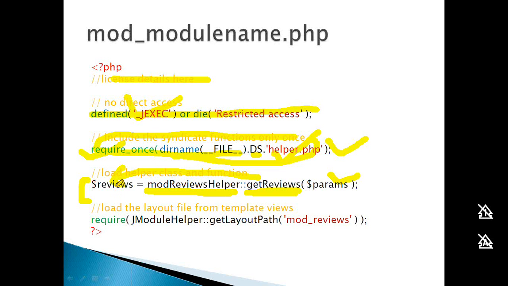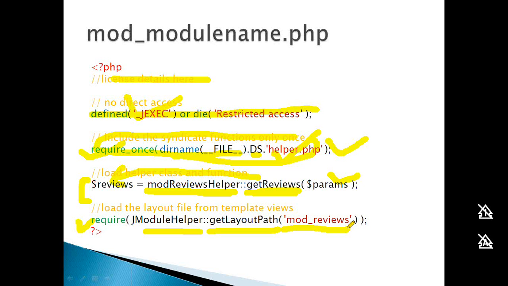And once we have the values in the $reviews variable, we can simply pass it on to the template file, which is loaded in the next line. It is calling the module helper file, and then the layout is loaded, and the default file is called up.